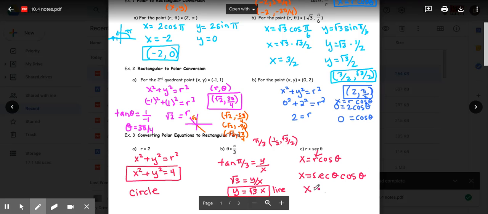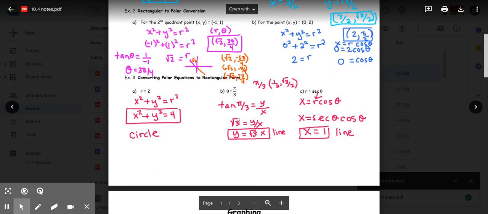That's just going to cancel to 1. Well, there you go. There's your rectangular form, x equals 1. This is also a line. It's just a vertical line. So there's different ways that you can look at this. You're just kind of figuring out what works best and what might be the easiest.